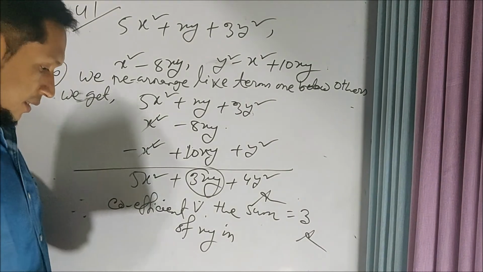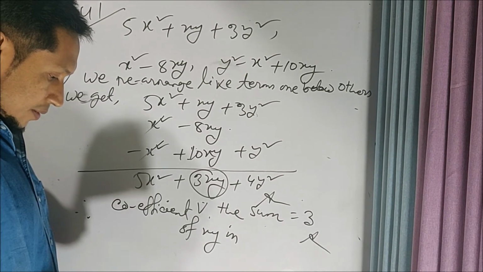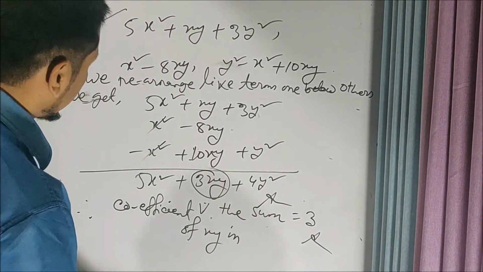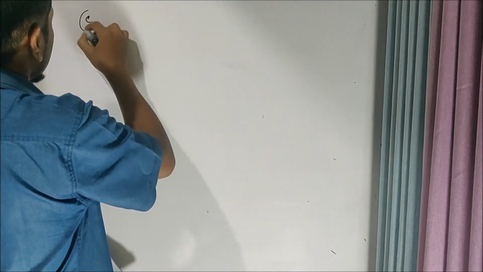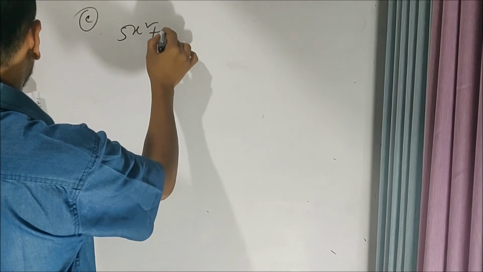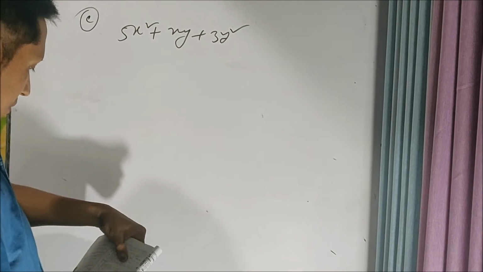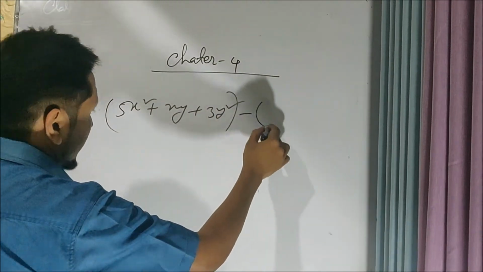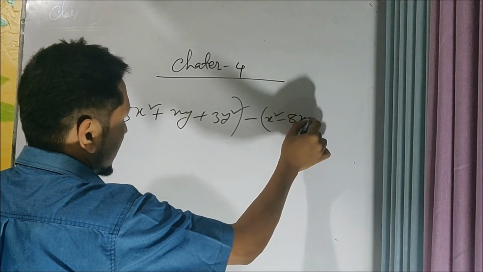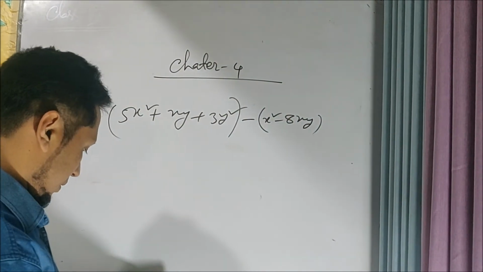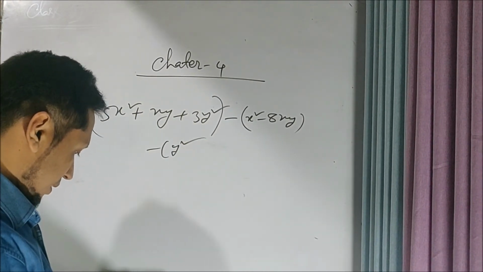Now part C says, simplify this. An expression is given, we have to simplify it and find out the value when x equal 2 and y equal 1. It's also very easy. Part C: 5x square plus xy plus 3y square minus bracket x square minus 8xy bracket minus y square minus bracket x square plus 10xy.